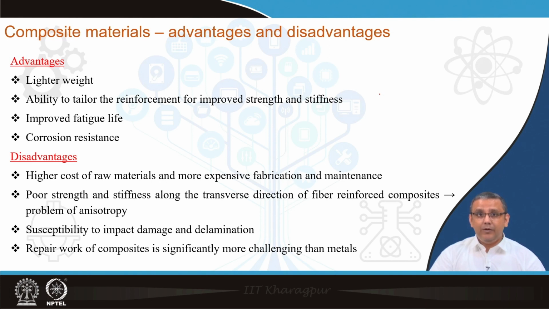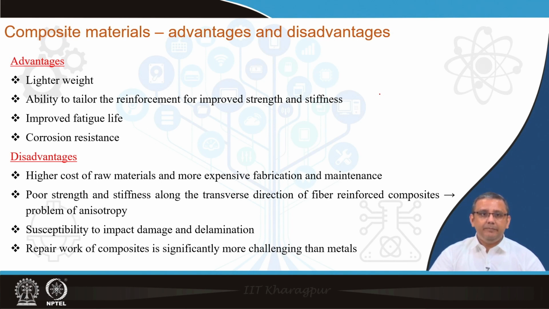That means the use of composite materials is only appropriate when you have a significant property enhancement. If the composite design is not resulting in a good property enhancement, there is no point in developing a composite material, because it will lead to a higher cost of the material. Apart from that, we have higher anisotropy.